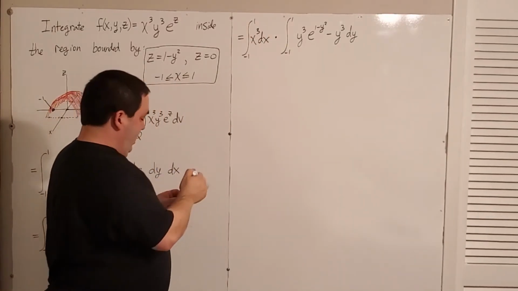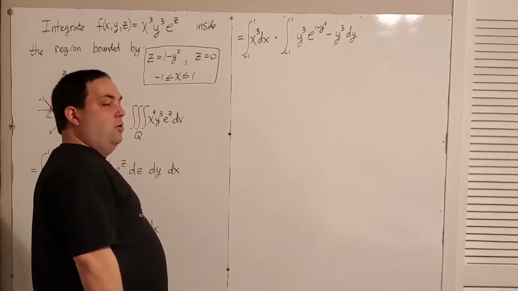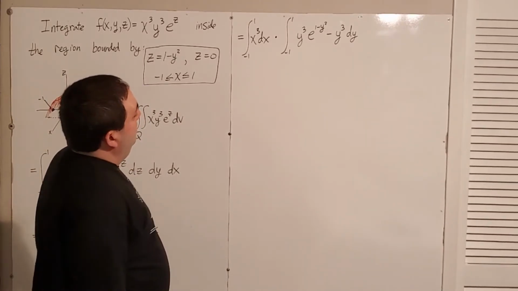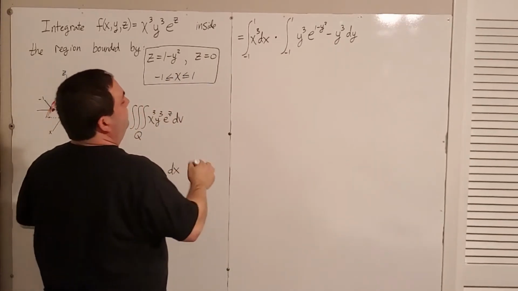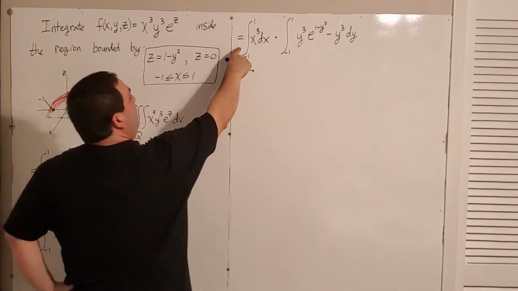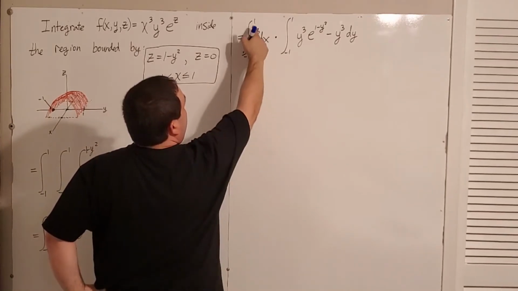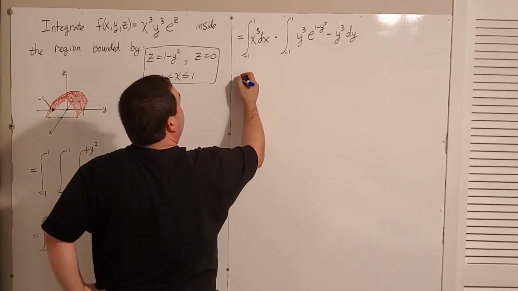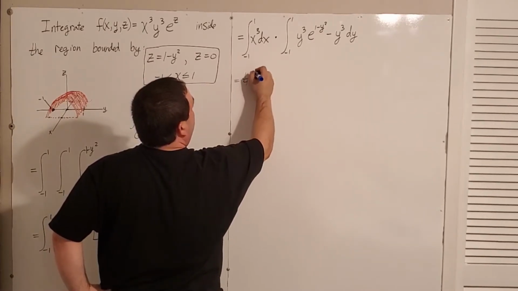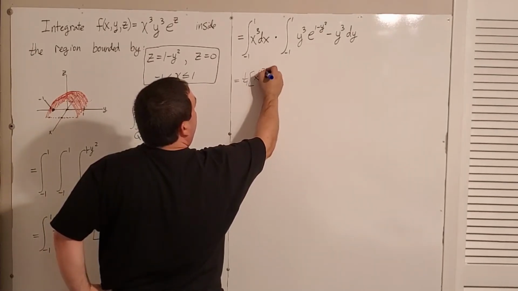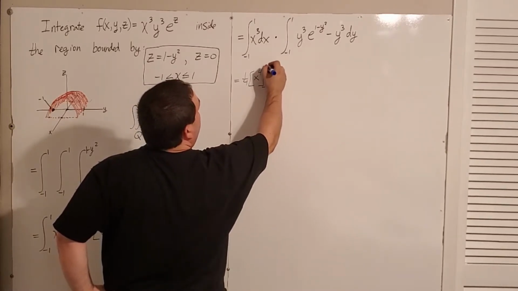This integral right here, we can quickly knock out. And same thing with this guy over here, right? The integral of x to the third from -1 to 1 is 1/4 x to the fourth. And then I've got -1 to 1 here.